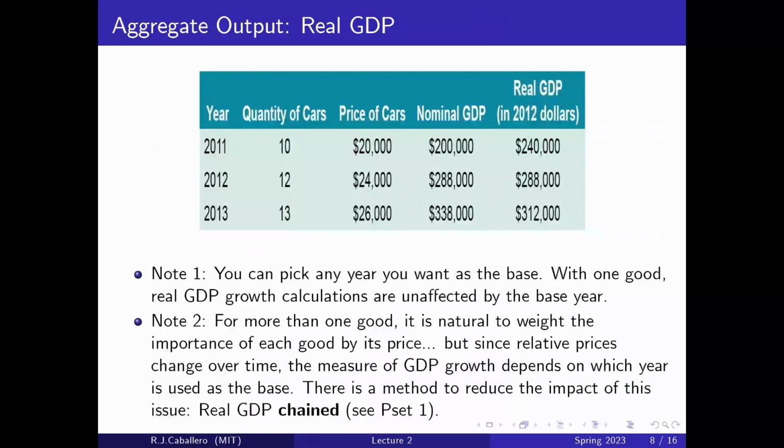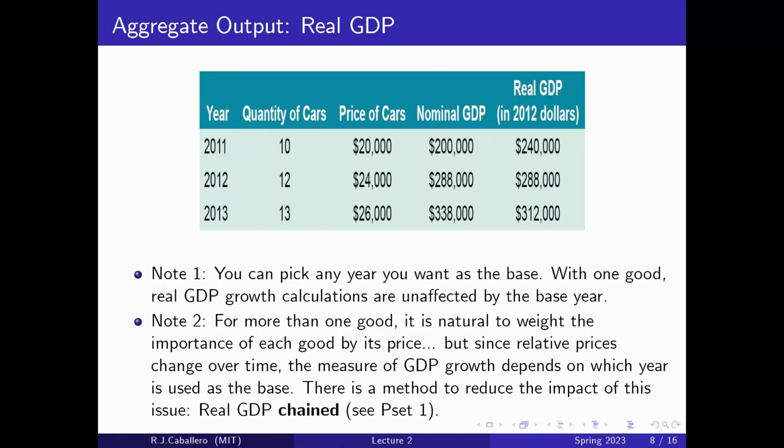I think I gave you an example, and then in the problem sets you had more complicated examples with multiple goods. Here you have an economy that produces only one good, cars, and it produces 10 cars here, 12 cars here, 13 cars here. The price of the cars is rising, so the nominal GDP is rising a lot, while the real GDP is rising less. How do we measure real GDP here?